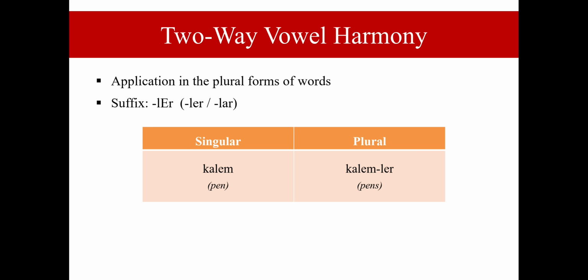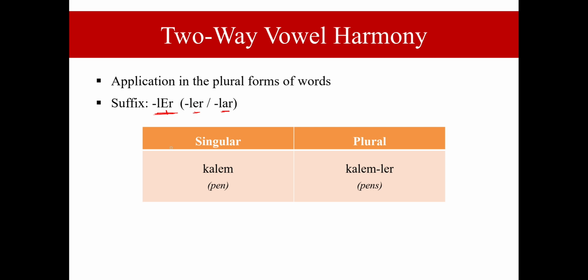So for the examples, we're going to consider the plural suffix of Turkish, which is lEr. This is the plural suffix. Now notice how the E is capital here. This capital E denotes that this is two-way vowel harmony or the E type vowel harmony and is going to have two forms, the E form and the A form.